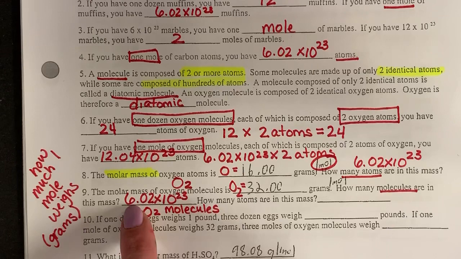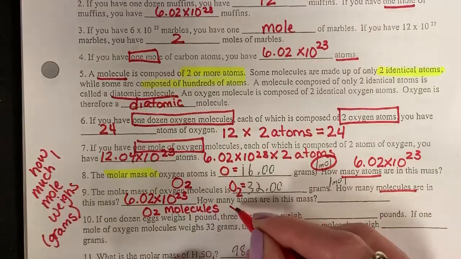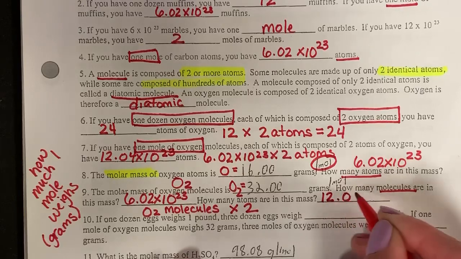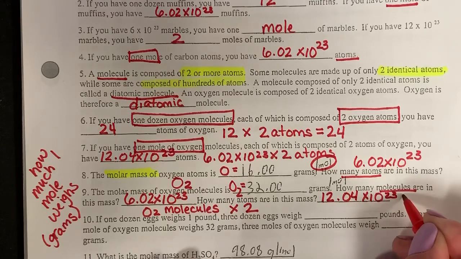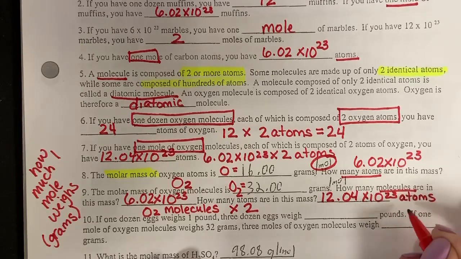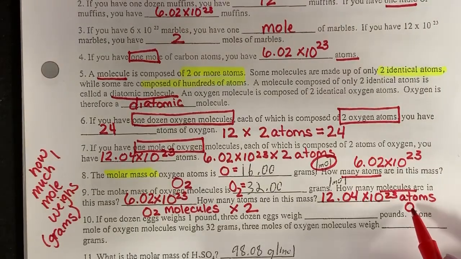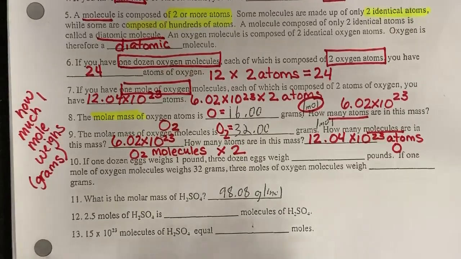So even though I've got 6.02 times 10 to the 23rd molecules, I would have 12.04 times 10 to the 23rd atoms of O. I need twice as many O's to make O2.